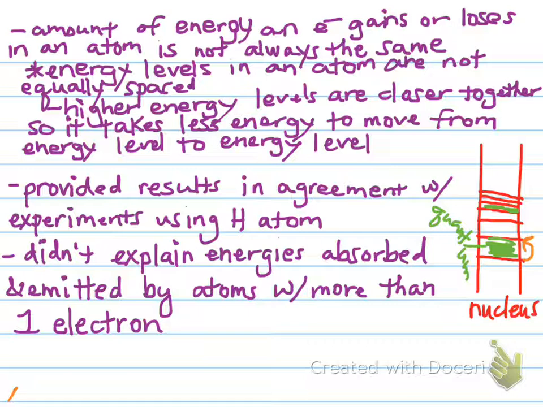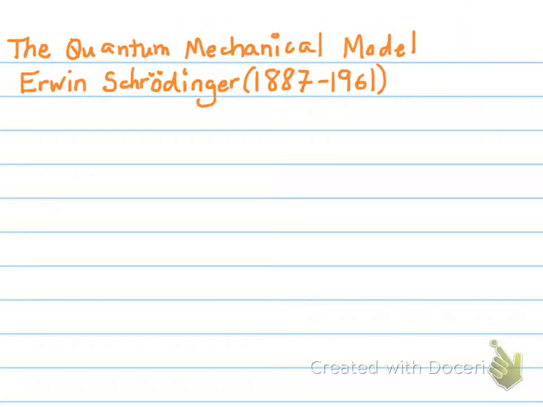Okay, so again, we know that Bohr's model is wrong and that we need a better model of what's happening inside the atom. So that is going to lead to the quantum mechanical model. The scientist that's associated with the quantum mechanical model is Erwin Schrödinger. And again, he's credited with this work in 1926.